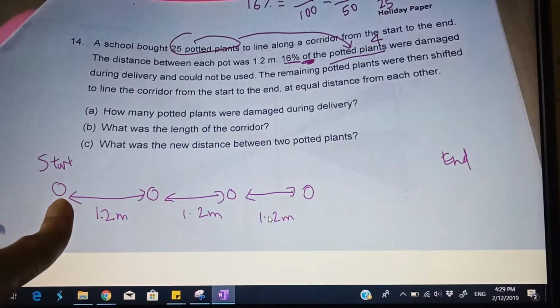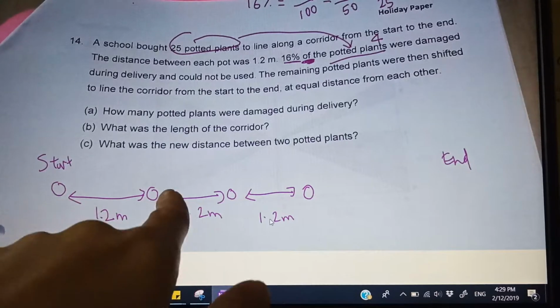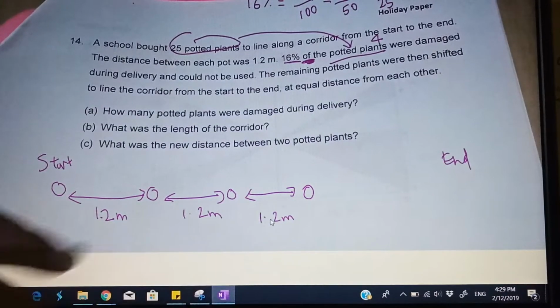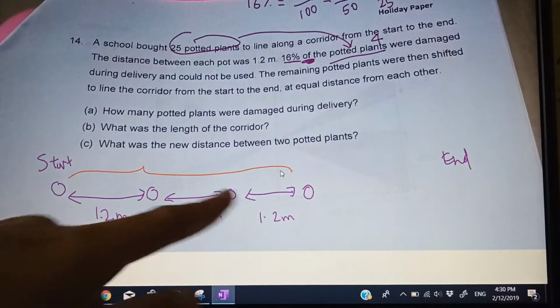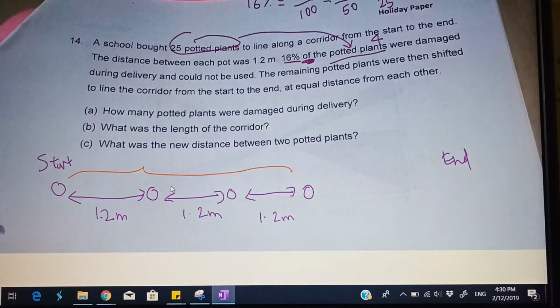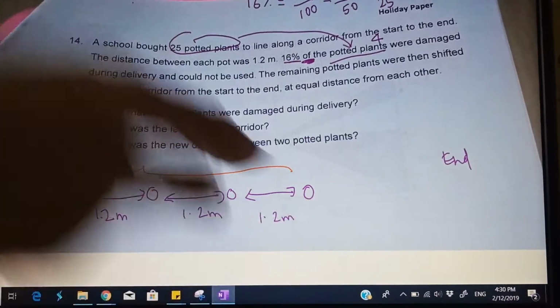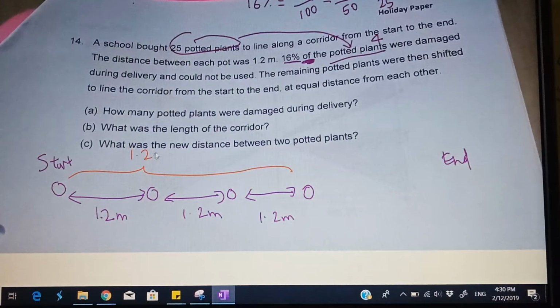So the distance between these 4 potted plants is 1.2 times 3, okay?